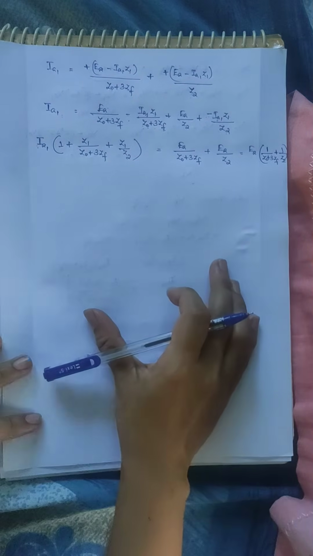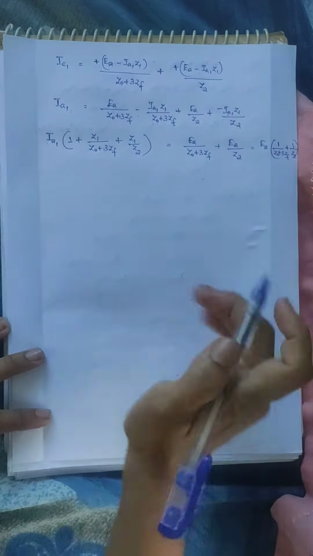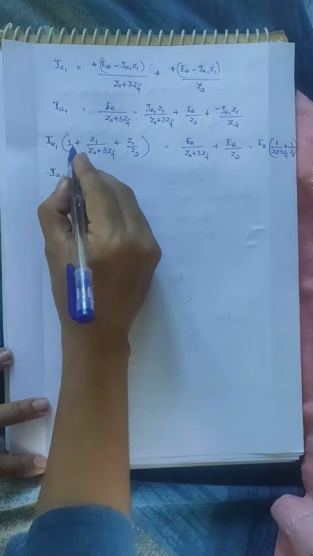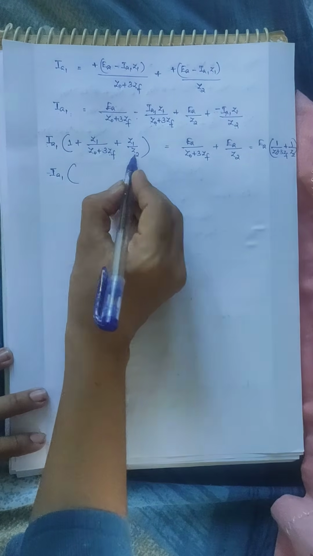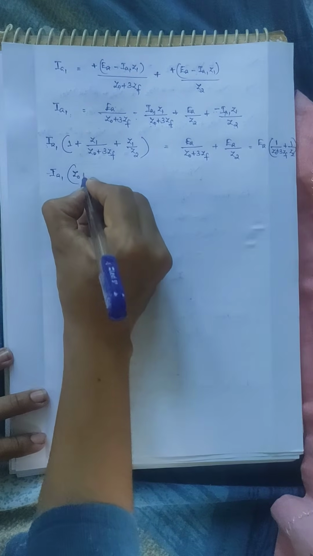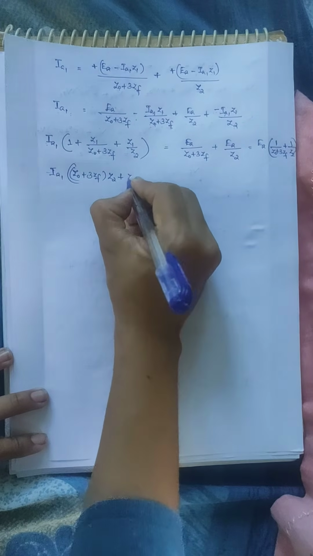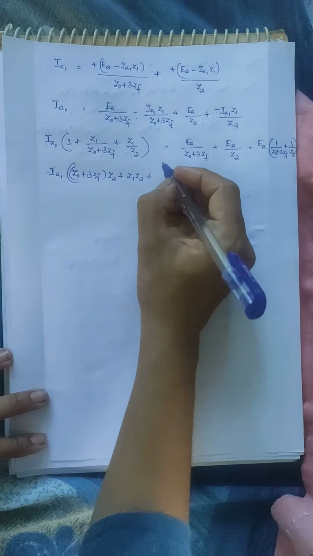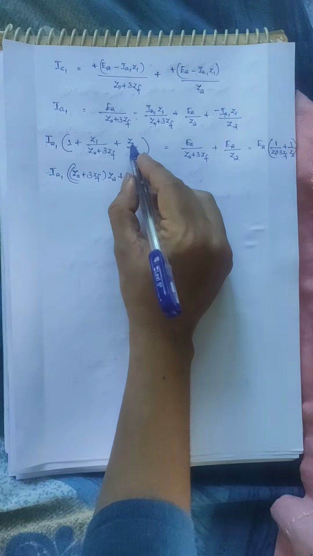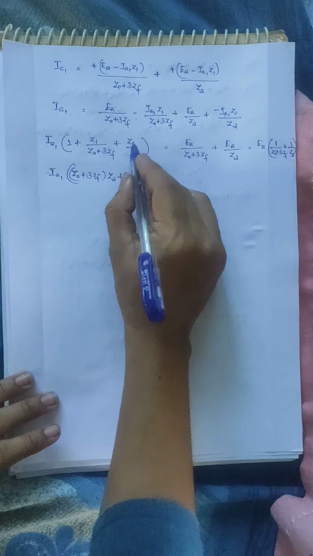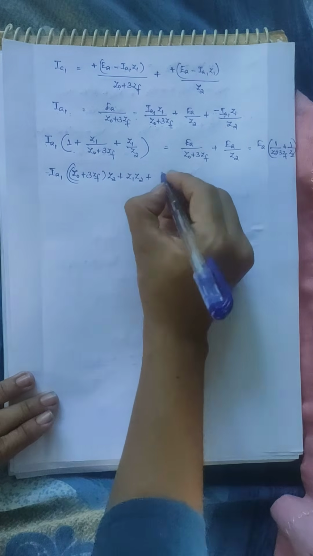Okay. Now let us take the LCM on the left hand side as well as on the right hand side. So left hand side becomes IA1 into, on taking the LCM, it will be 1 into Z0 plus 3ZF into Z2, that is Z0 plus 3ZF into Z2, plus Z1 into 1 into Z2, that is Z1 into Z2, plus Z1 into 1 into Z0 plus 3ZF.